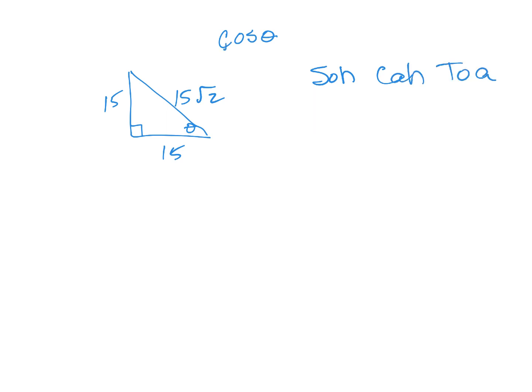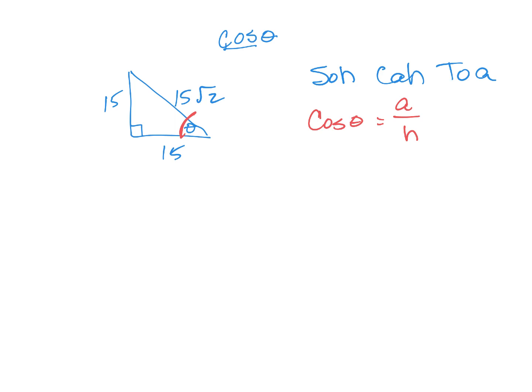So SOHCAHTOA, they want cosine. So I always mark this angle here because that's the angle they want me to find cosine of. Cosine of theta equals adjacent over hypotenuse. And this is what we did the other day, where we rationalized.